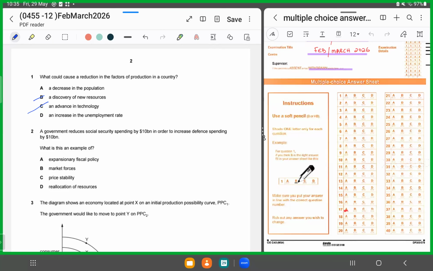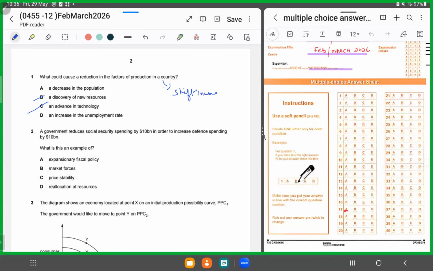That means that part of the labor force was already a part of the labor force. It was unemployed and it has risen. But when we're talking about a reduction in the factors of production, we are talking about an entire shift of the PPC inwards.